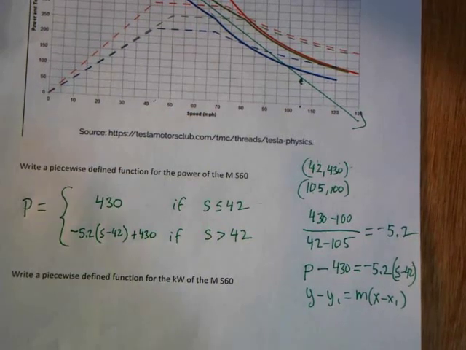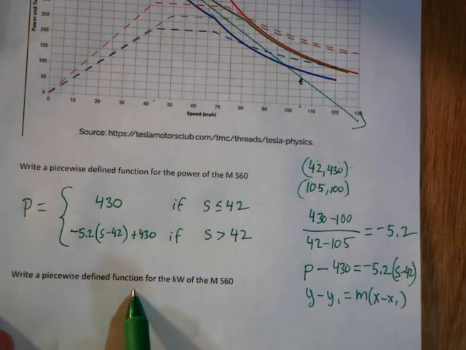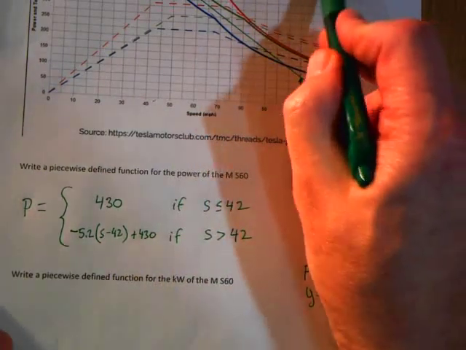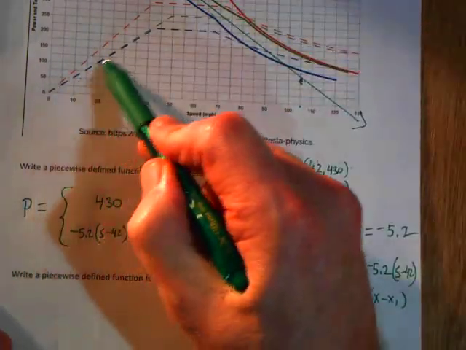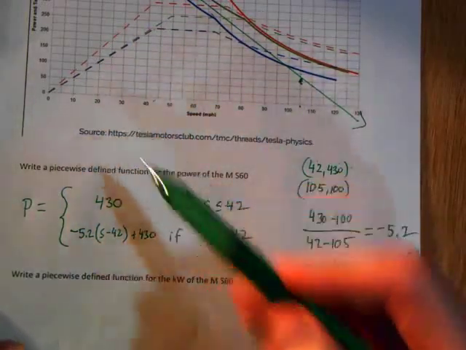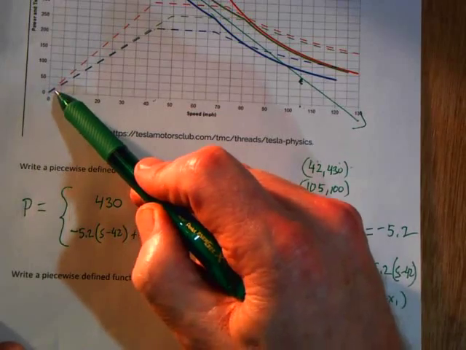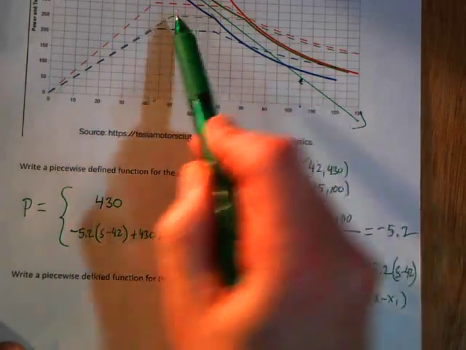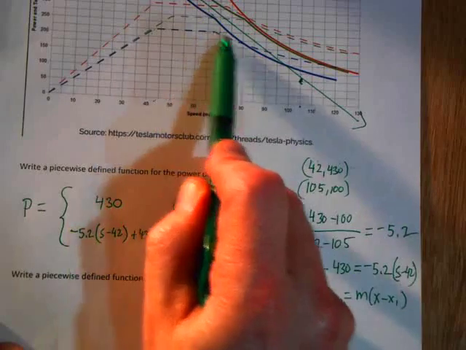Okay, now we're going to repeat finding a piecewise function, except we're now going to do the kilowatts. And the kilowatts is the dotted blue function, because we can see it's got part of a line, then it's got constant, and then it's got another part of a line.